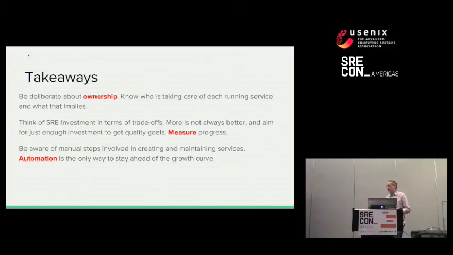And then the second one is thinking about infrastructure investment in terms of trade-offs rather than in terms of we just need to be always doing more. We had never actually stepped back and said this, although we had implicitly done it. The most important things obviously had all the best automation and the best infrastructure in place, but it was never deliberately done that way. It just sort of ended up that way.